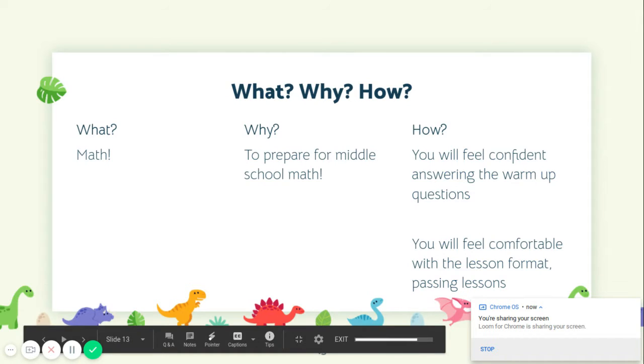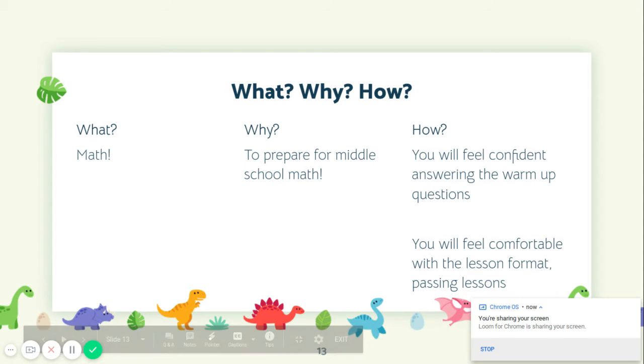So today our what, why, and how is very similar to yesterday. Our what is math. Our why is to feel prepared for middle school math. And our how is a little bit different. There are two things that we are focusing on today and the rest of this week. The first thing is that I really want you all to feel confident answering the warm-up questions as we go through them.